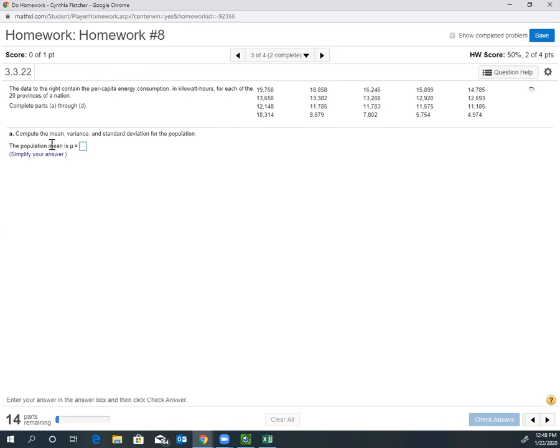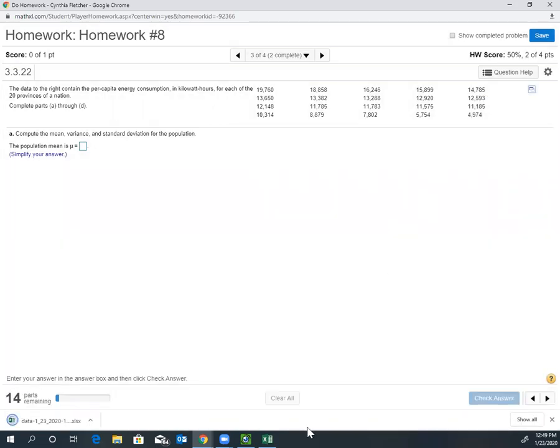We need to compute the mean, variance, and standard deviation for the population. So just as before, we're going to take this box and copy it to an Excel sheet. And we need the mean, the variance, and the standard deviation. So we're going to open it up in Excel.